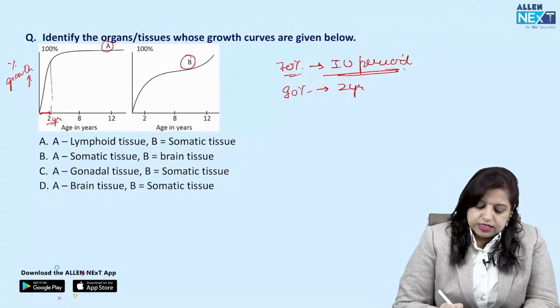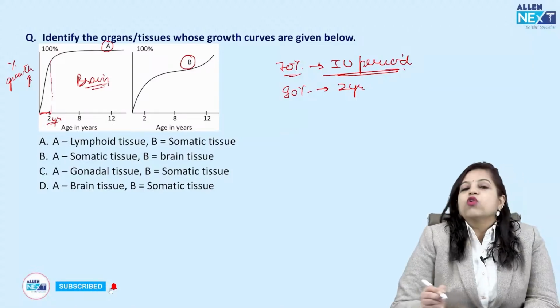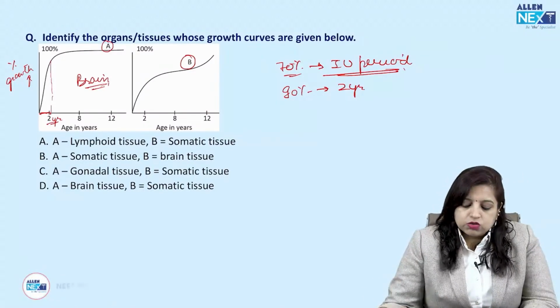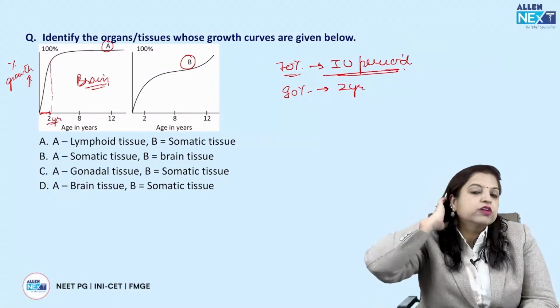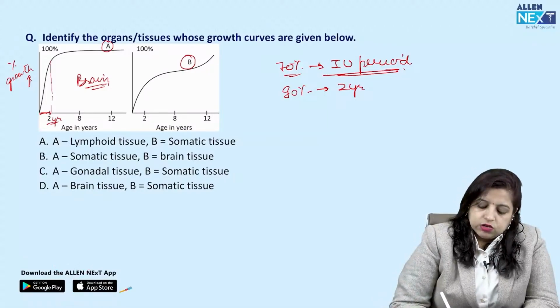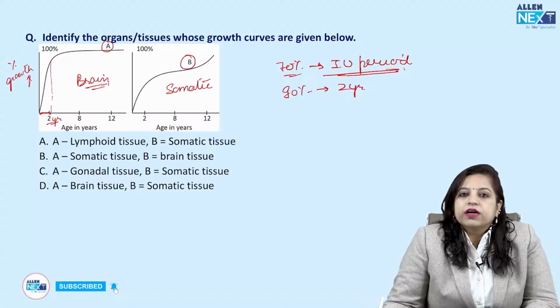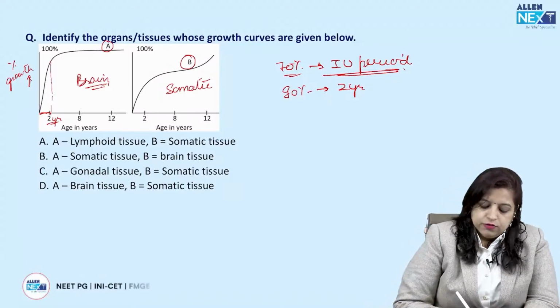Now coming to the B growth curve, here we can see the growth is continuously occurring over the years, and this signifies the growth of the somatic tissue. So which option will be correct? If we see, this is the fourth option.